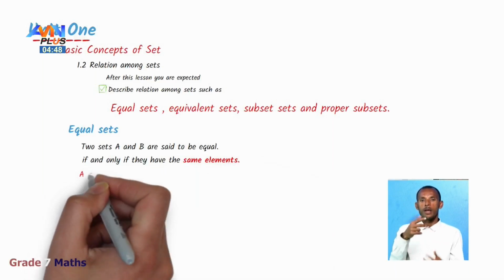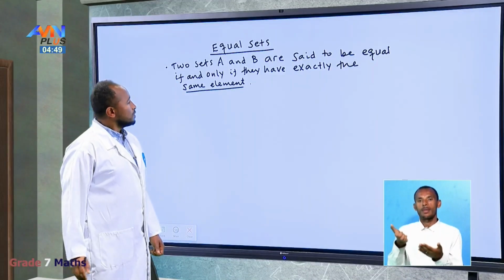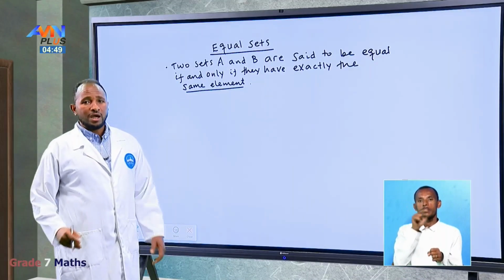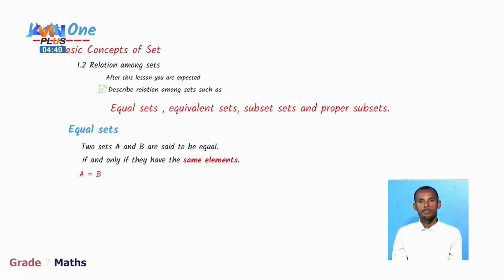If two sets are equal, we can write symbolically using this symbol: A is equal with B.